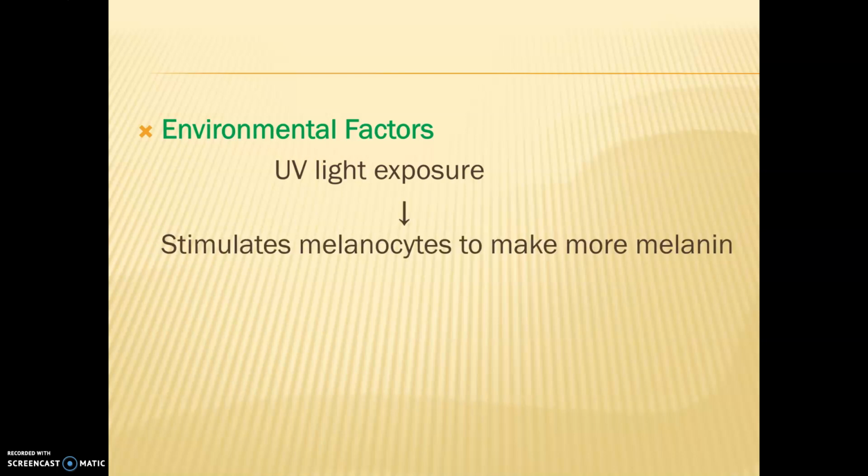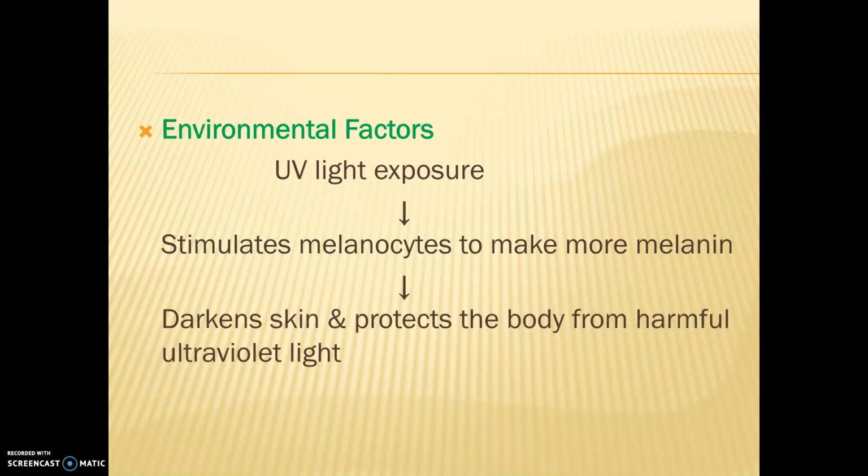This UV light exposure stimulates the melanocytes to make more melanin, which darkens the skin to protect the body from this harmful UV radiation. If you're living more towards the equator, you're going to see darker skin colors than if we're moving more towards the poles, where you're going to see lighter skin colors because we don't need that protection from the UV radiation.